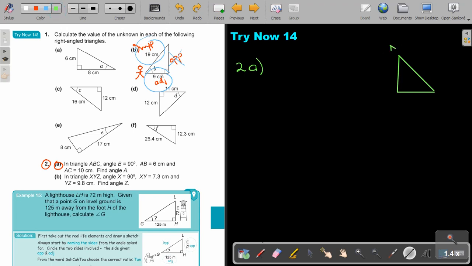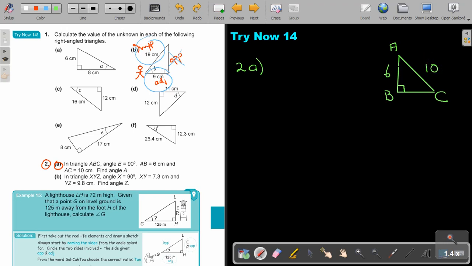So, let's first see, angle B is 90. So always the one that's 90, mark that first. So then it's A, B, C. Now you can say angle B is 90. AB is 6, and AC is 10.